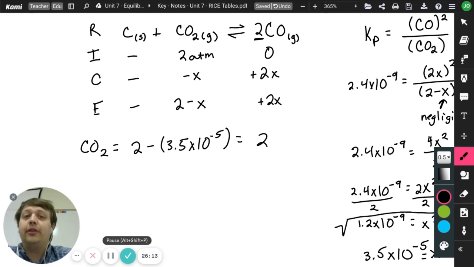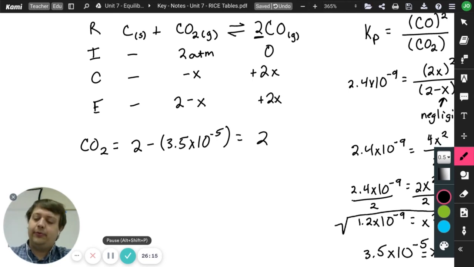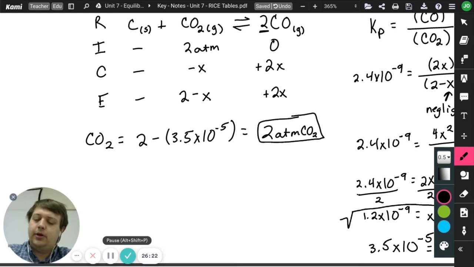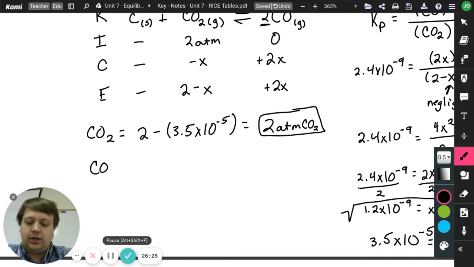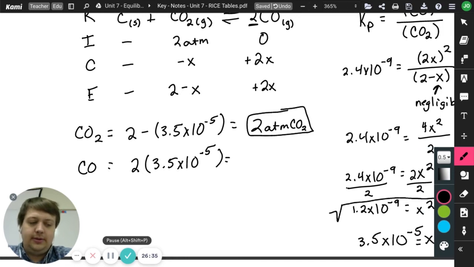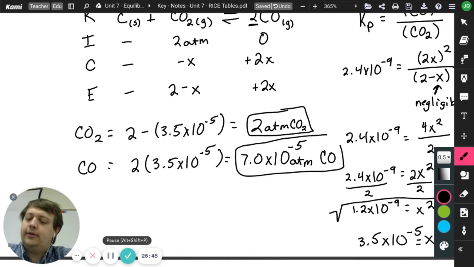It's such a small thing that it didn't really affect it. So 2 atmospheres would be my pressure. And then for my carbon monoxide, it would be 2 times 3.5 times 10 to the negative 5, which is going to give me 7.0 times 10 to the negative 5 atmospheres of CO. And that would be that.